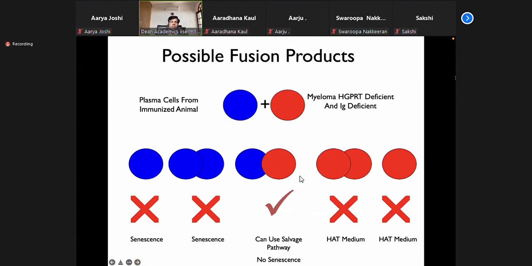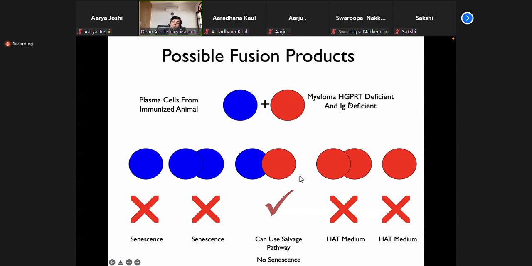And we also talked about this slide where you have, for example, plasma cells coming from immunized animals. They were fused with myeloma cells. There are two characteristics of these myeloma cells. One is they should be deficient in antibody production. They should also be deficient in the enzyme HGPRT, right?